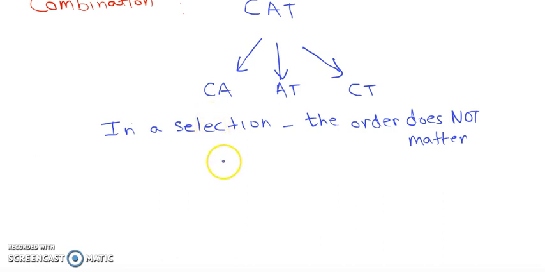So how do we write a general formula for it? To write a general formula for a combination, you have three letters here, and you need to choose just two.